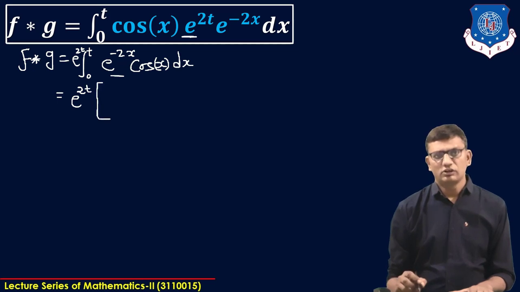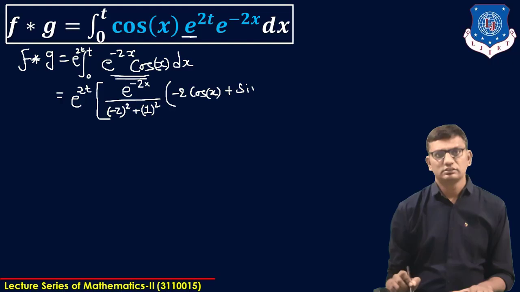times the integration of this term, which will be e raised to minus 2x upon (minus 2) whole square plus 1 into minus 2 cos x plus sin x, which is a known formula of integration, and we put the limit 0 to t.